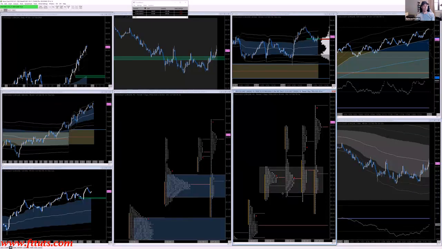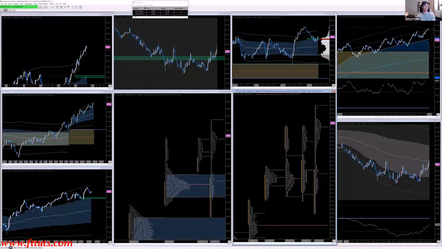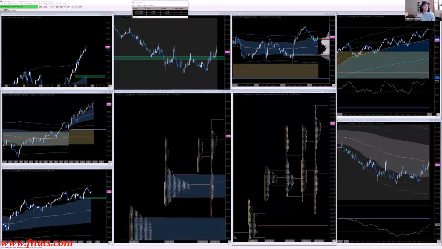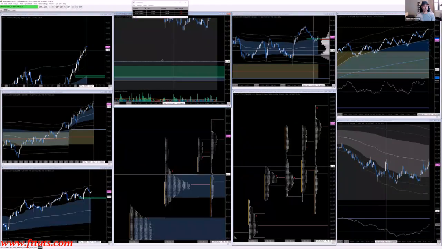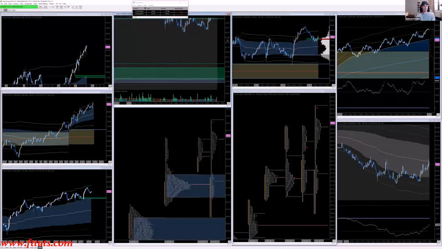So whatever. Okay, we've broken out of a CVA that includes multiple pieces of multiple days. So above that area is bullish. We can adjust that color to be bullish.